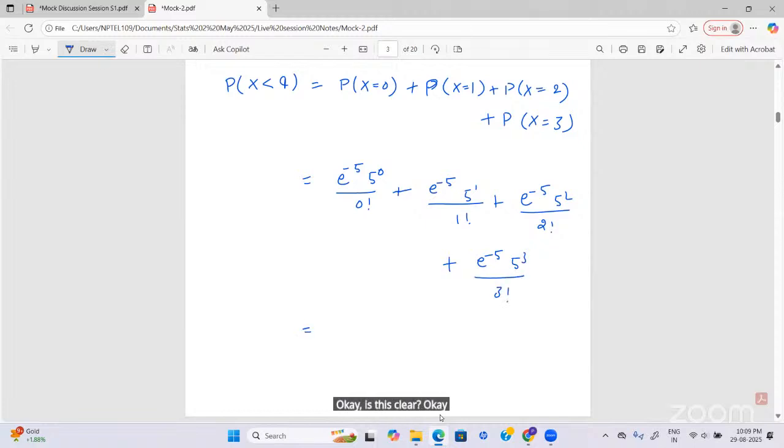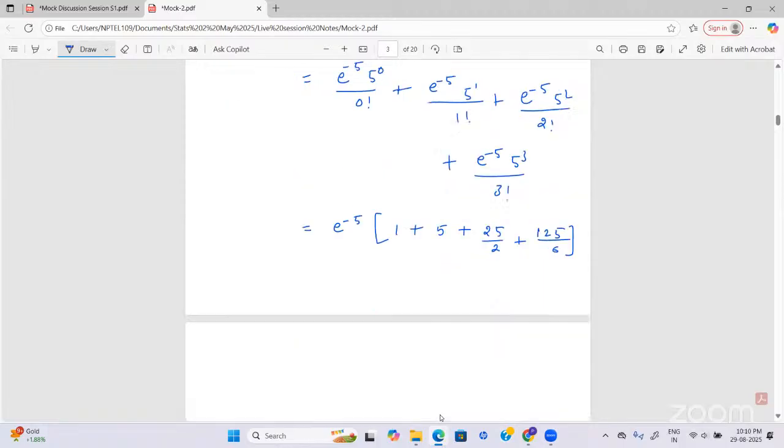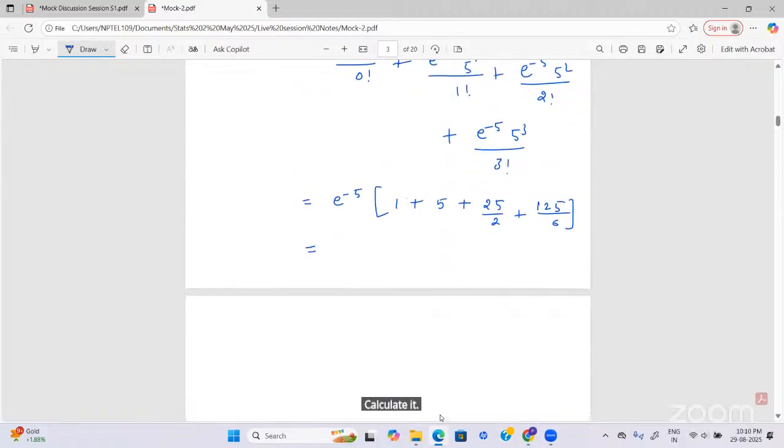You just have to calculate this value. Zero point 27.